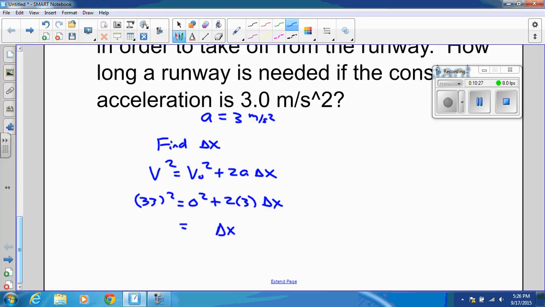And a quick calculation should give us, let me do that quick calculation here. 33 times 33 divided by 2 divided by 3 is 181.5 meters, or 180 meters when you round to 2 sig figs.